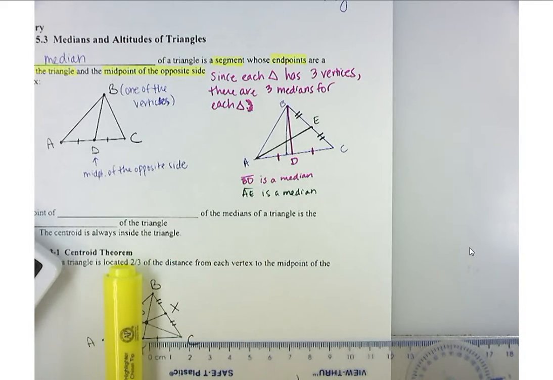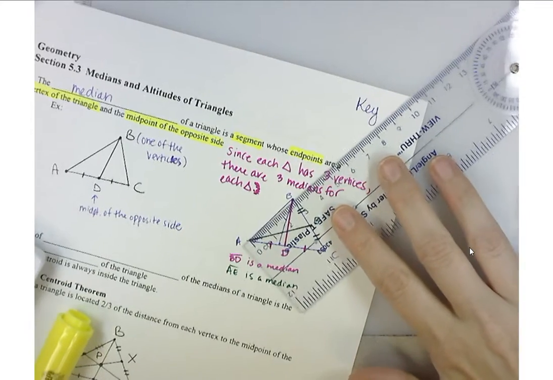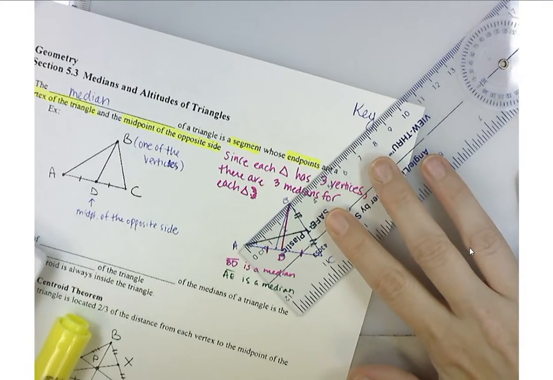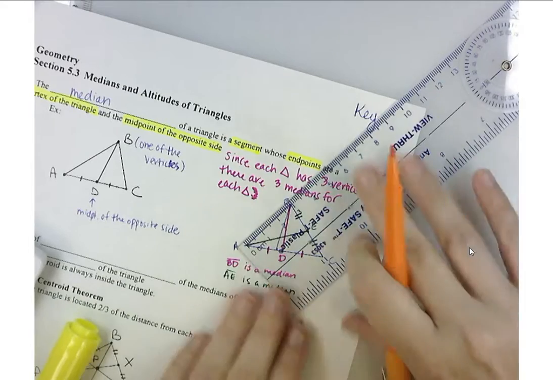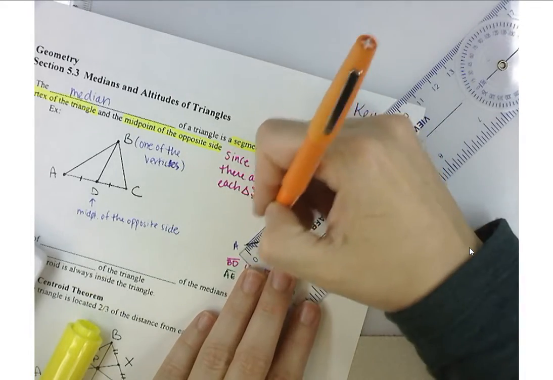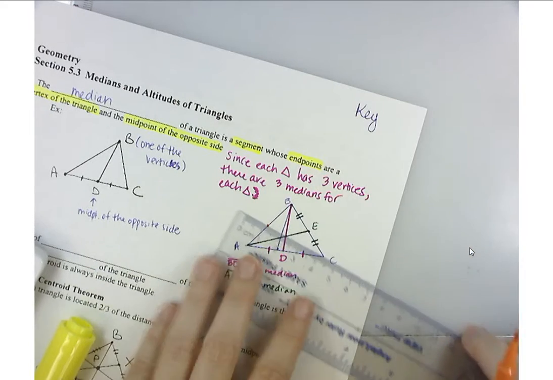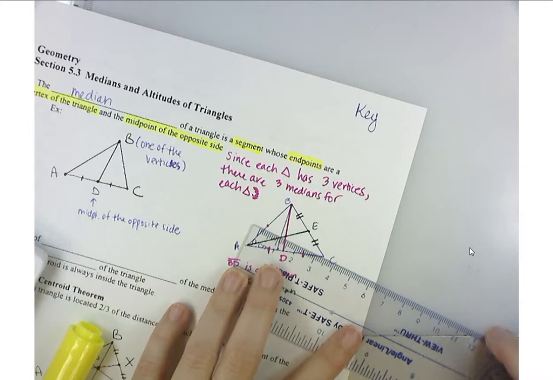And then the last one has to go with what vertex? C. So let's look at AB. Again, that looks like it's about 3, so I'm going to put it at 1.5. Do you guys think I drew an isosceles or an equilateral triangle?